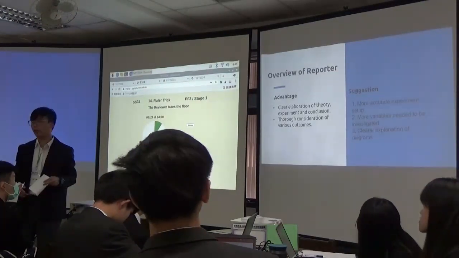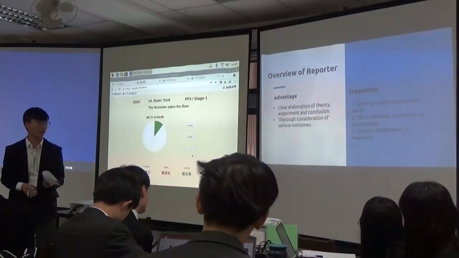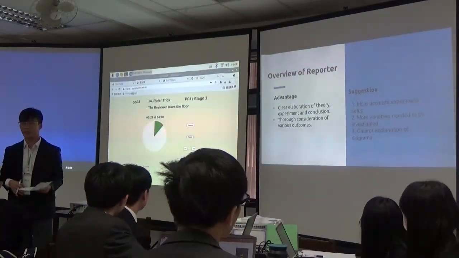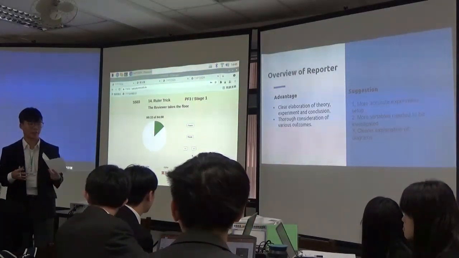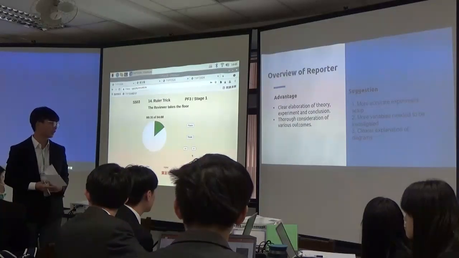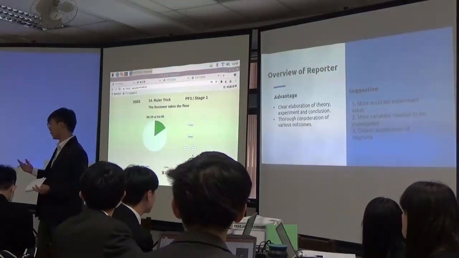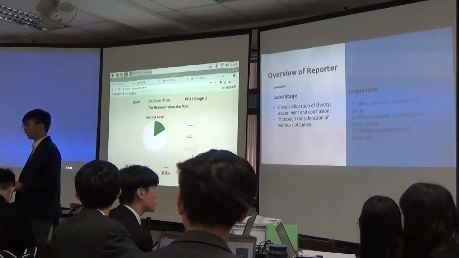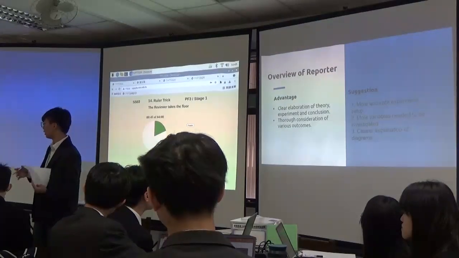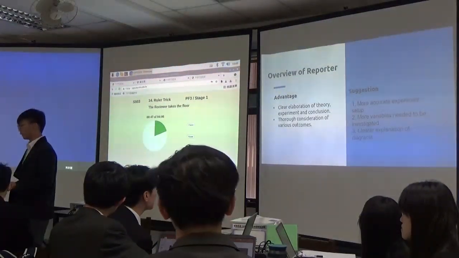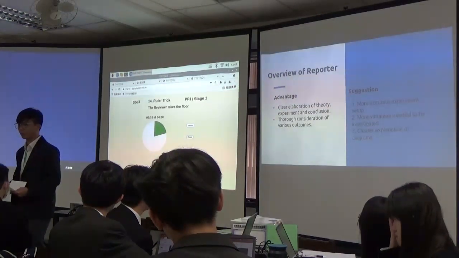I think their advantages are that they have an elaboration of the theory and their core experiment setup, and they use multiple approaches to calculate the forces that they want. Our suggestion is that there should be more variable consideration, just like the opponent mentioned, maybe the inserted length of the ruler, or there are a lot of variables about the ruler that they didn't take into consideration.